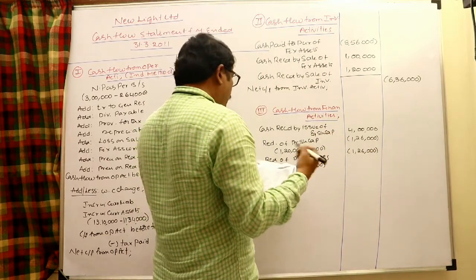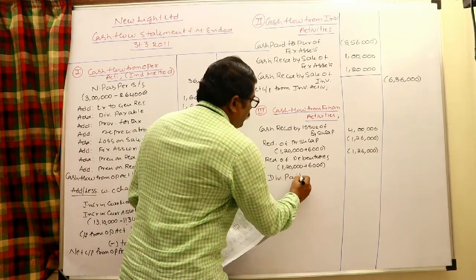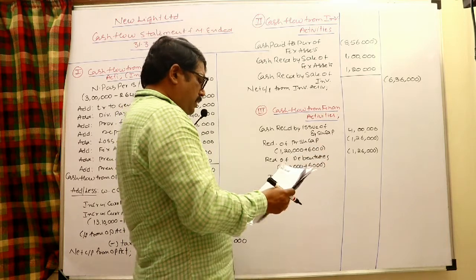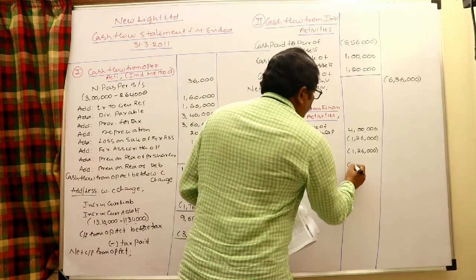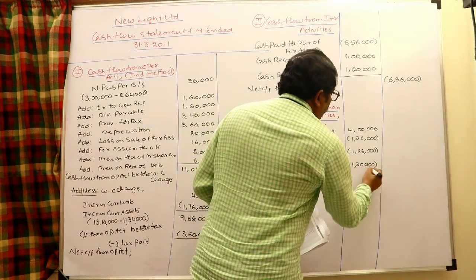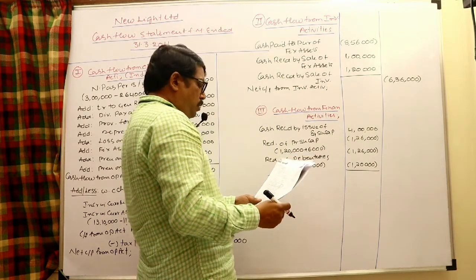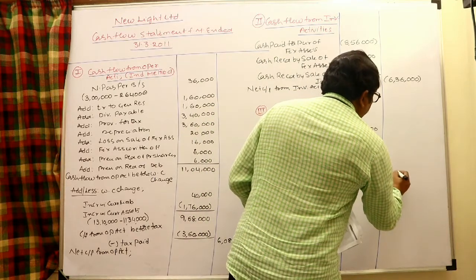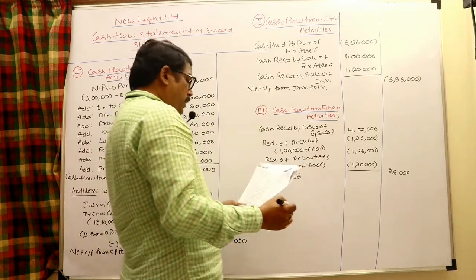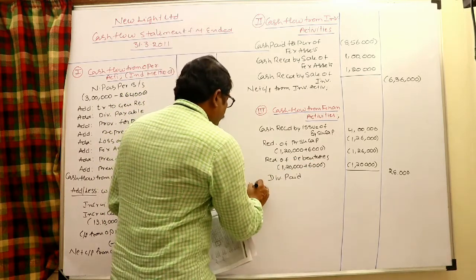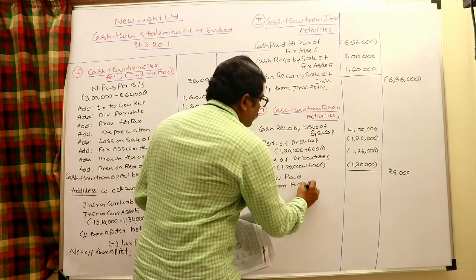Assumed dividend declared last year is paid during this year, dividend paid. If you check, the dividend declared last year was 3 lakh, and the dividend declared now is 1,20,000. Out of these 4 items, the net result looks like 28,000 inflow. This is the net cash flow from financing activities.